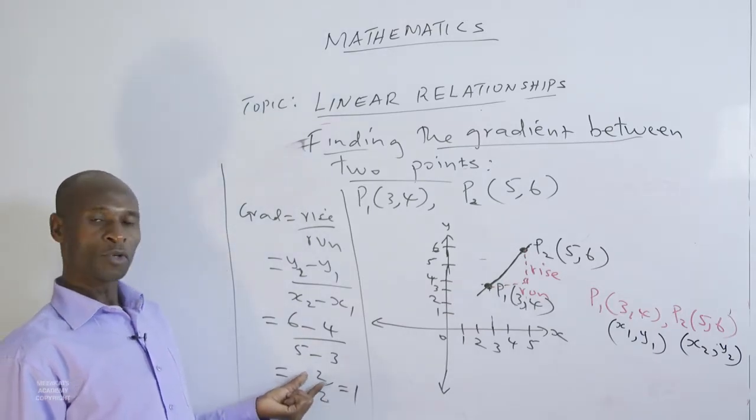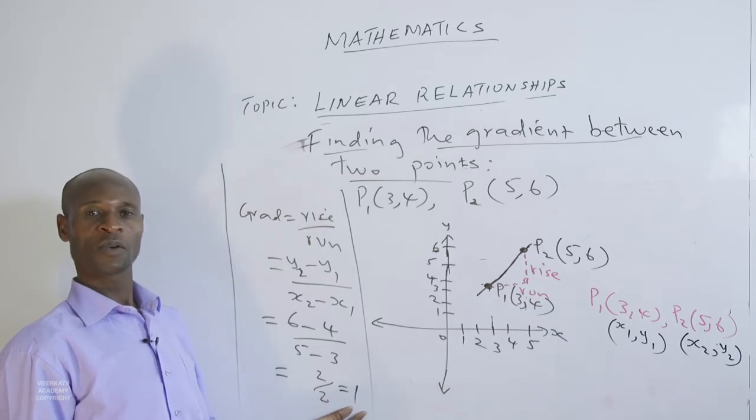So the result is 2 divided by 2, which gives us 1.